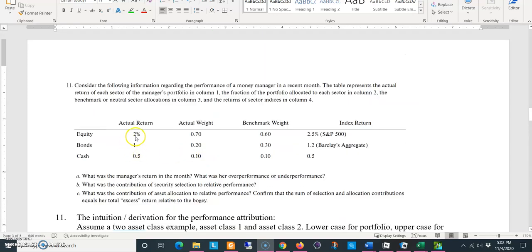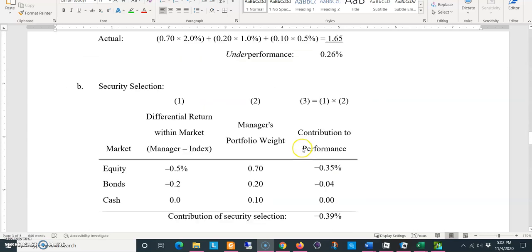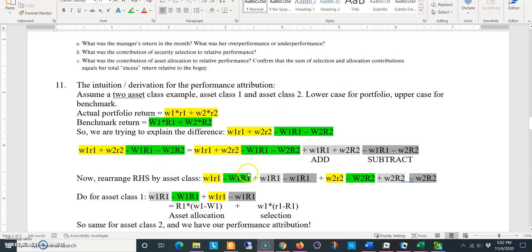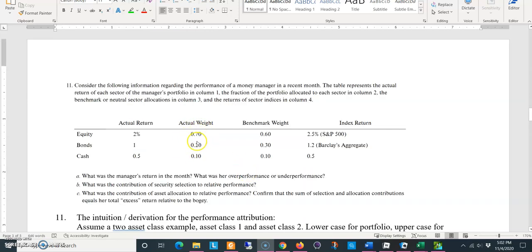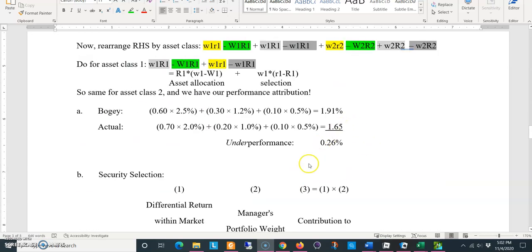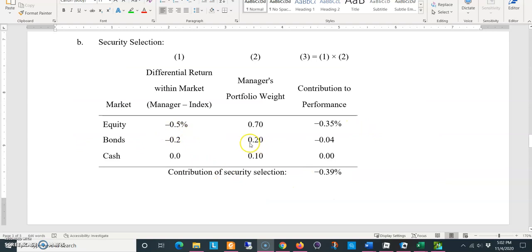For equity you earned 2%, the benchmark was 2.5, so the difference is minus 0.5, and that is happening on 70% of your portfolio. Then on 20% of your portfolio you earned 1%, the benchmark earned 1.2, so you basically lost 0.2% there.